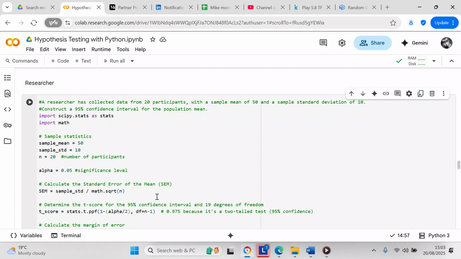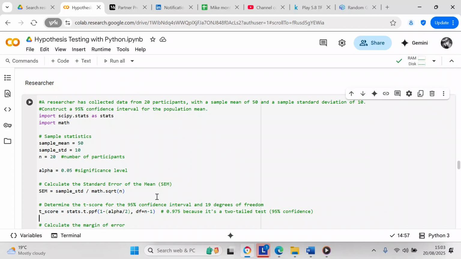That's your standard error. So now we're going to determine the t-score with a 95% confidence interval and 19 degrees of freedom. You get your 19 degrees of freedom because it's n minus 1, and n is 20.